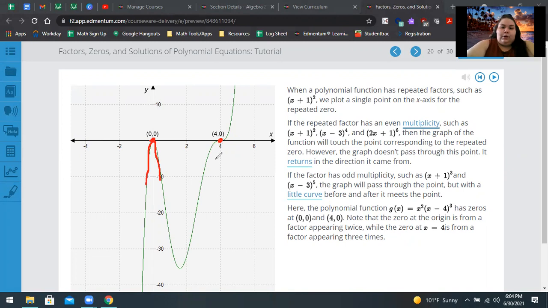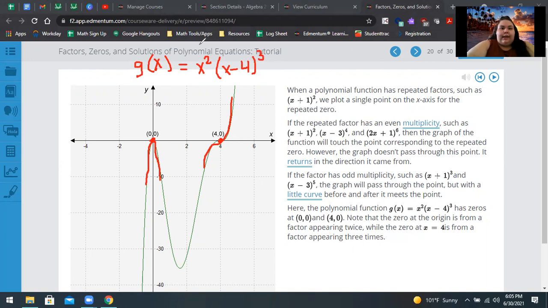Now, this one, the function goes through the x-axis. What makes a big difference? When it bounces, it is raised to an even power. Again, an even power. And when it goes through, it is raised to an odd power. So this polynomial is g of x equal to x squared, parentheses x minus 4 raised to the third power.